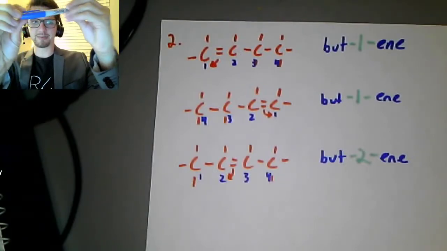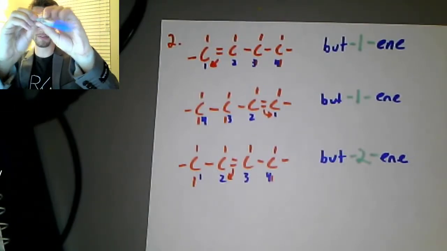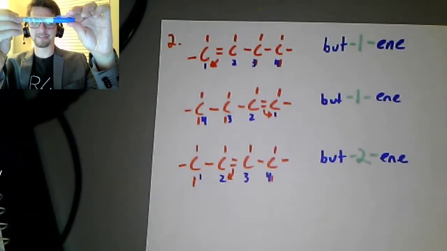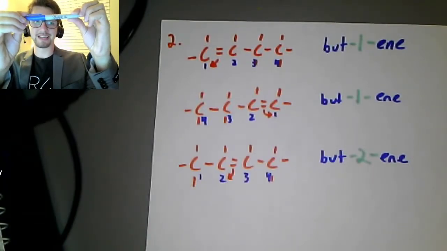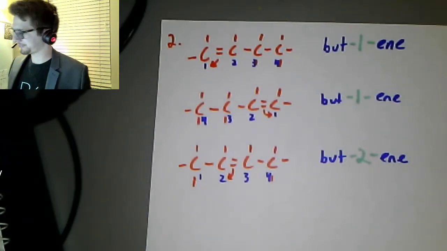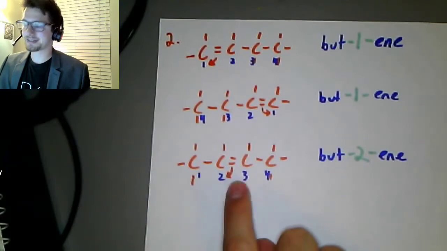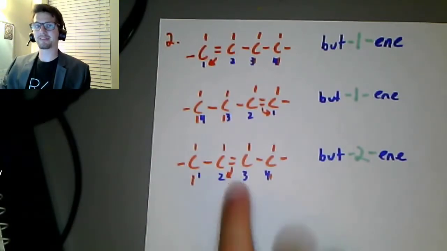The name is still Sharpie. It's still in the same order, but here the cap is on the right, and here the cap is on the left. That doesn't mean it's a different marker. So these have the same name. This is a different name because the double bond's on a different carbon.